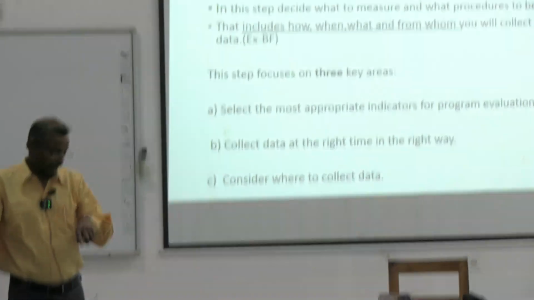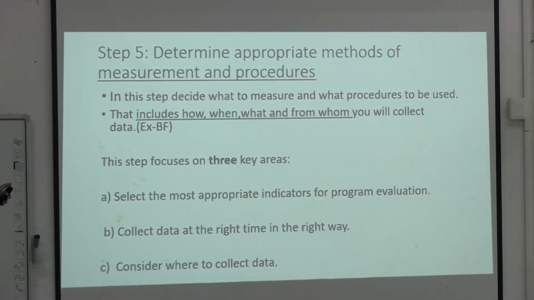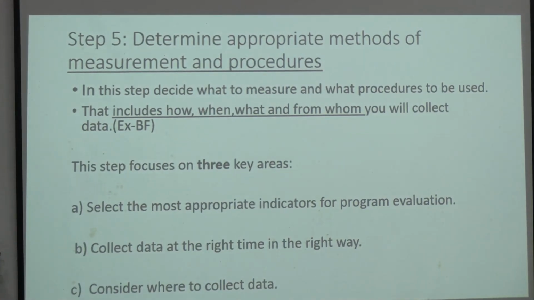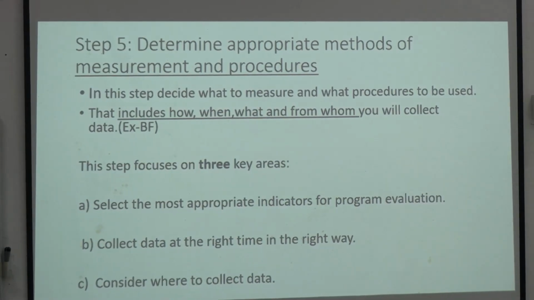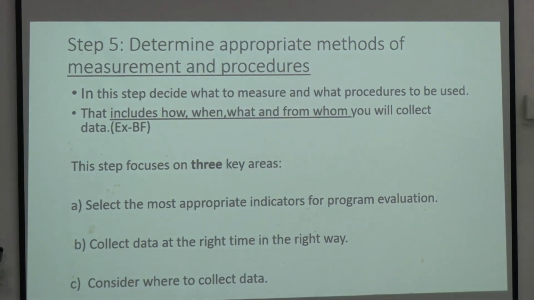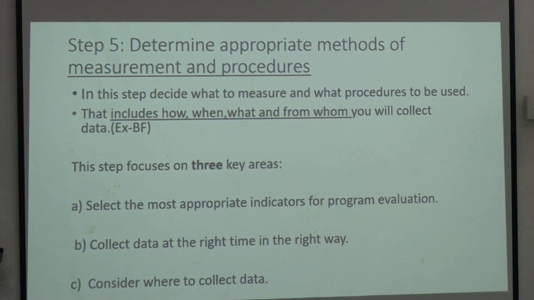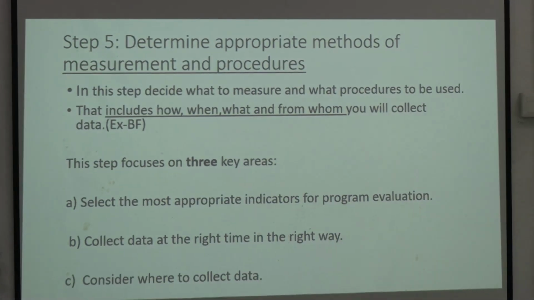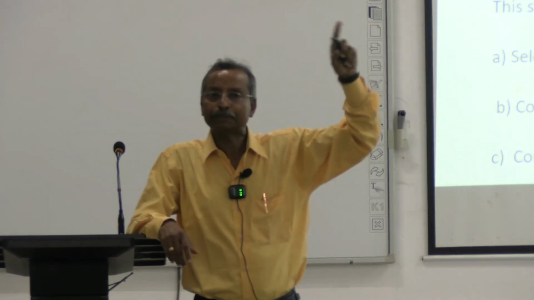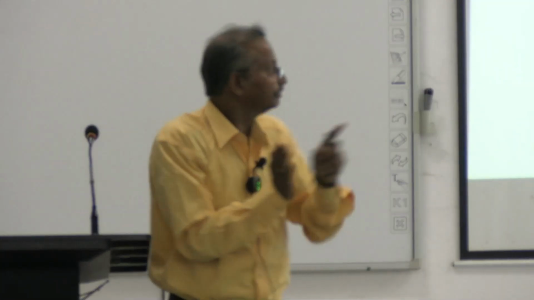Next step, step 5, determine appropriate methods of measurement and procedures. How can we measure whether the objectives of the program were effective or not? We have to measure it. And what are the procedures that we must follow to measure the effectiveness of the program?